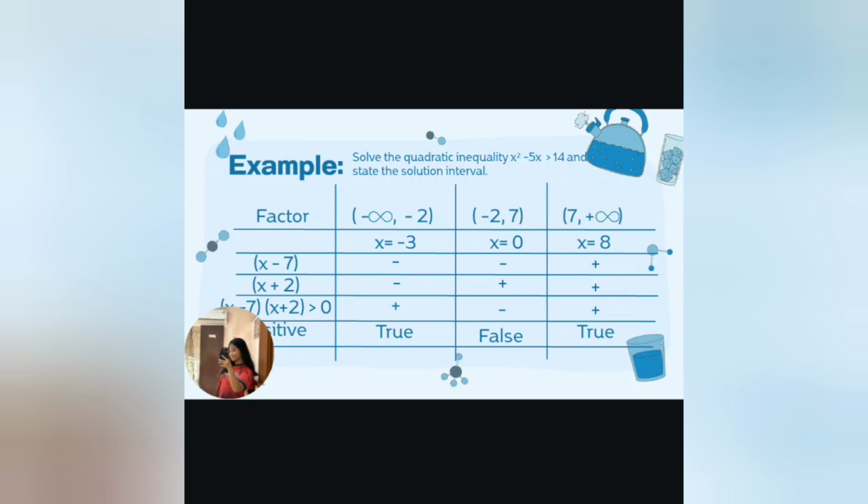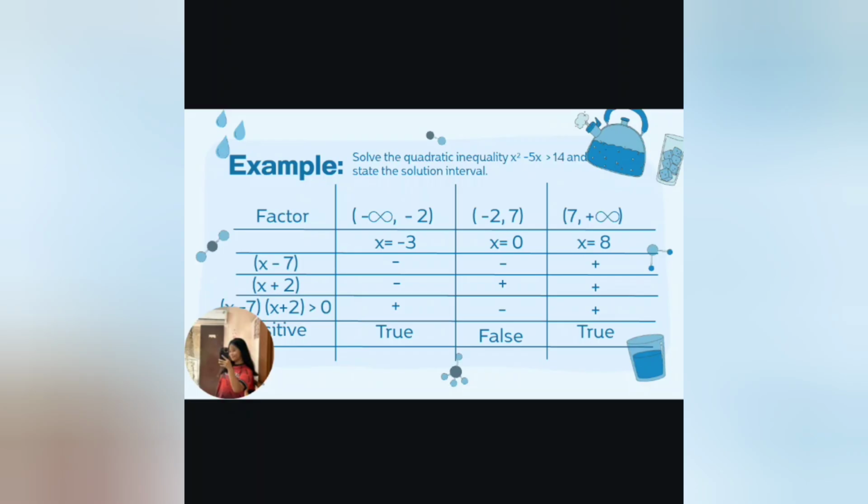So we put x equals negative 3. After that, we need to add. Negative 3 plus negative 7 will make negative 10. So we put the negative here.